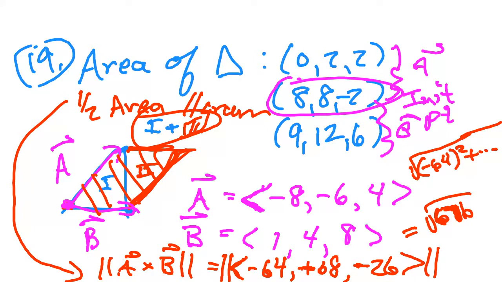Well, it's 26. 26 squared. Is that what the back of the book says? So it'd be 13 if we did half. That's not what I got the last time I worked this out. It's 9 square root of 29. What are we doing wrong?